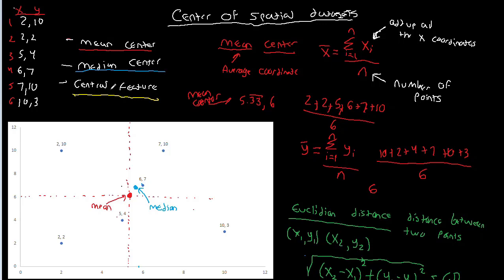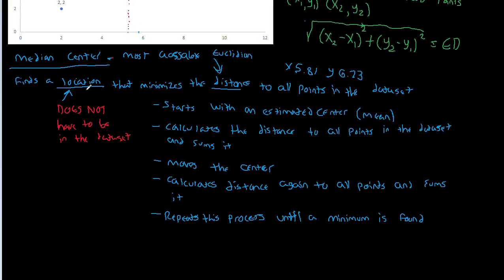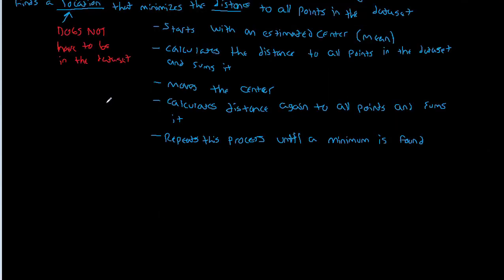So what we're going to talk about today is a similar approach called central feature. Central feature actually works in much the same way as the median does, in that it's trying to find a location that minimizes that distance to every point in the data set.